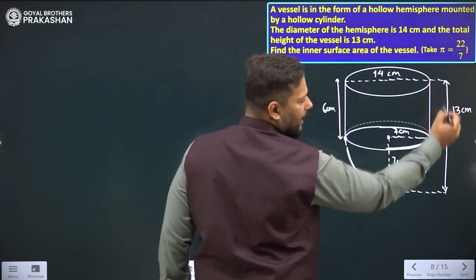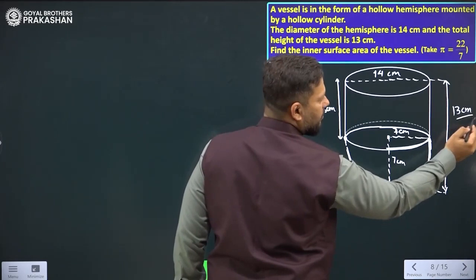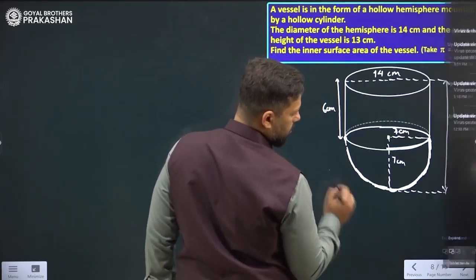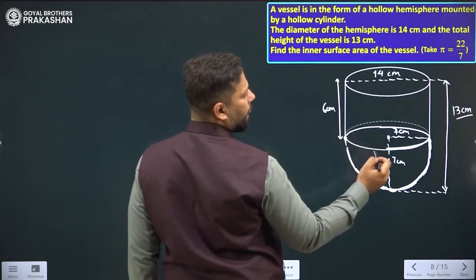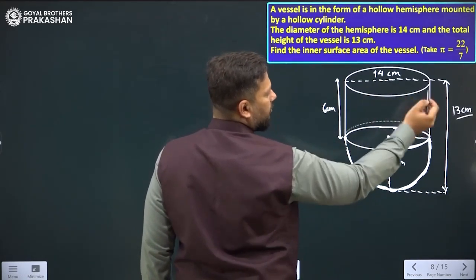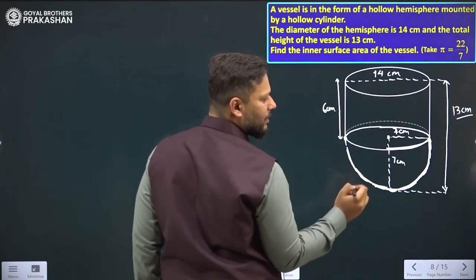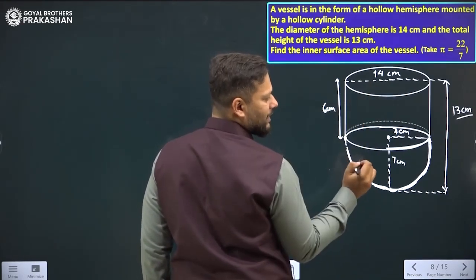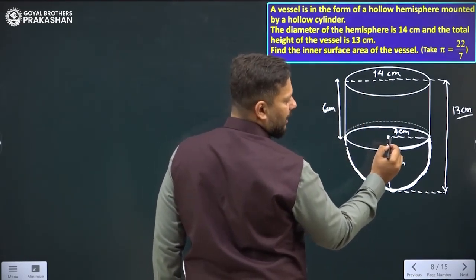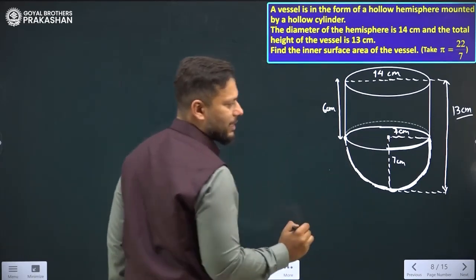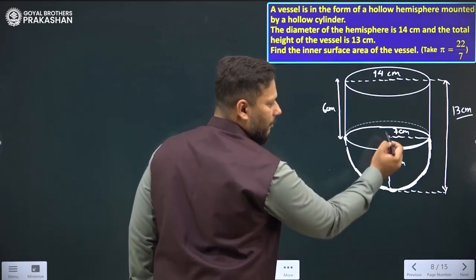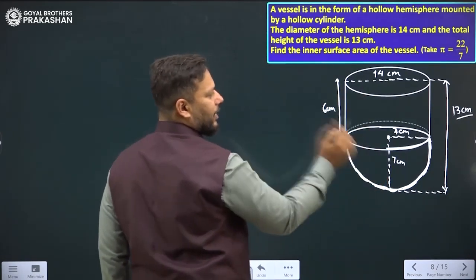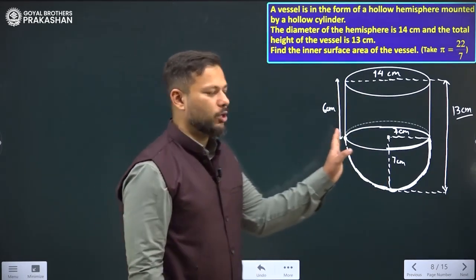The total height of the vessel is 13 centimeter, and the diameter of this vessel is 14 centimeter. If diameter is 14 centimeter, we can say that its radius is going to be 7 centimeter. That means this portion is also 7 centimeter. By this, we can find out the height of the cylinder.